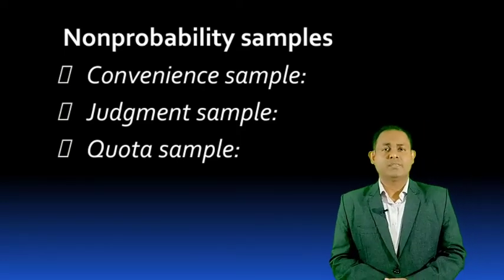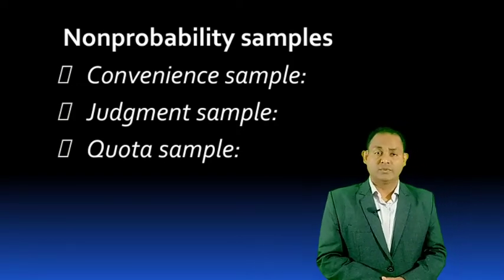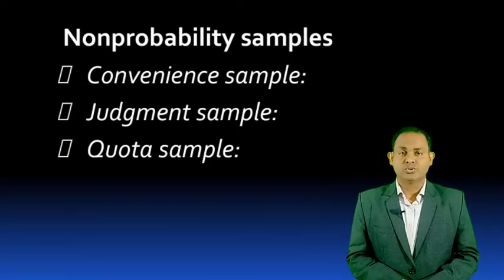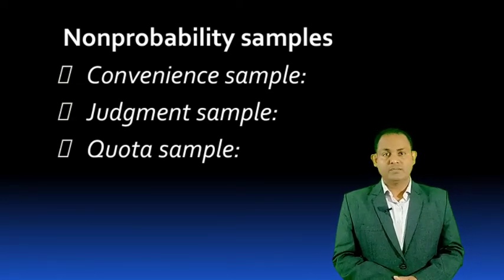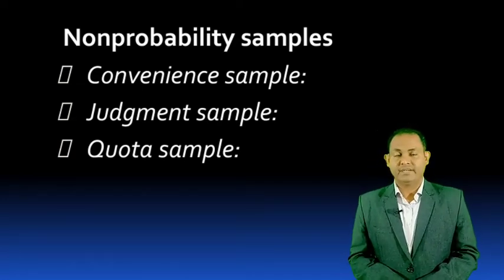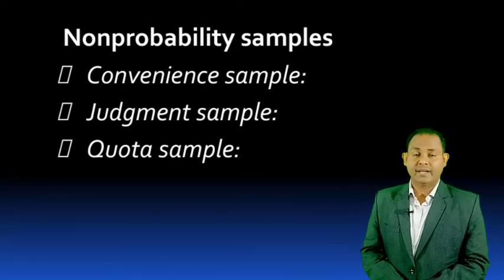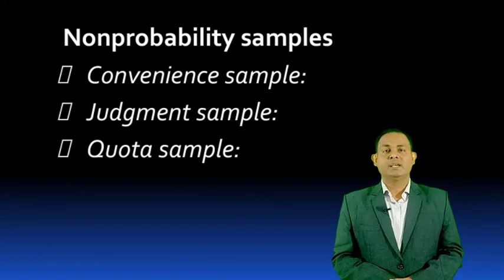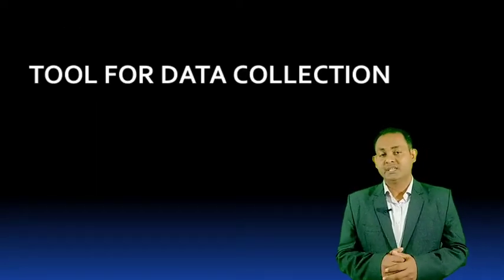In judgment sampling, the researcher uses his or her judgment to select population members who are good prospects for accurate information. In quota sampling, the researcher finds and interviews a prescribed number of people in each of several categories.